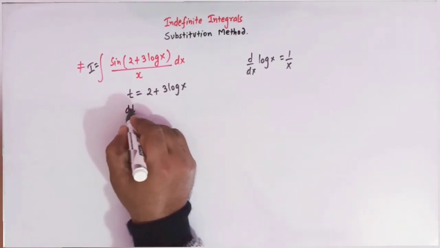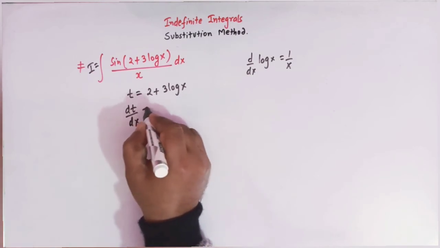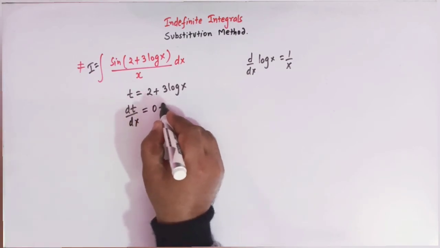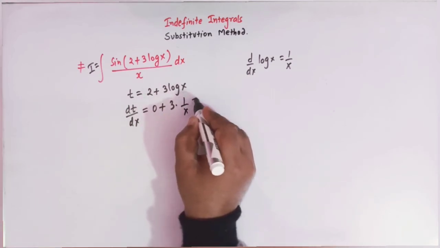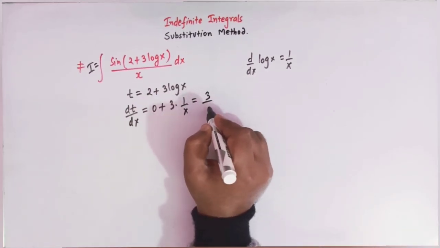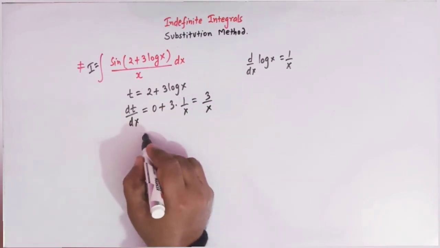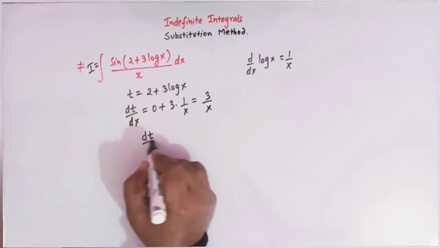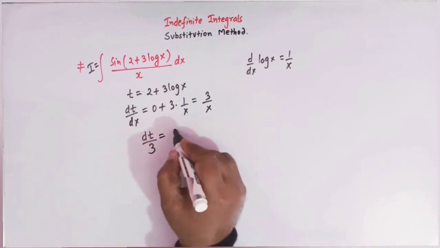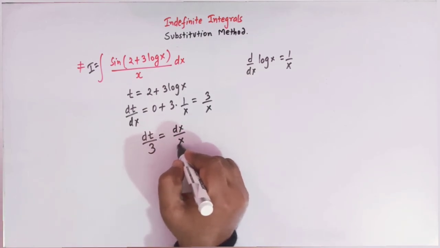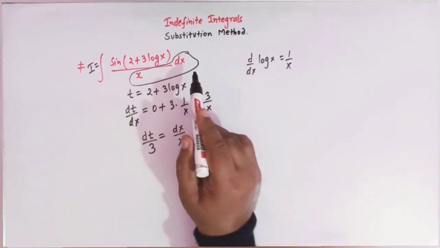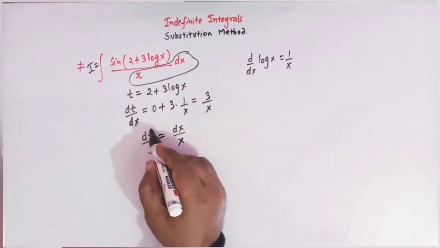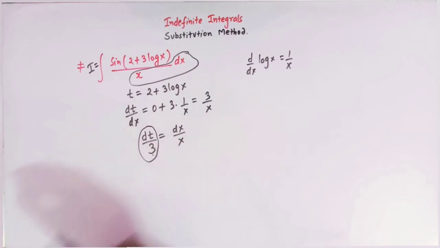So let us differentiate t with respect to x. The derivative of 2 is 0, and the derivative of log x is 1 over x, so this is 3 over x, and now we can write dt over 3 is equal to dx over x, right? So for dx over x we can now write dt over 3.